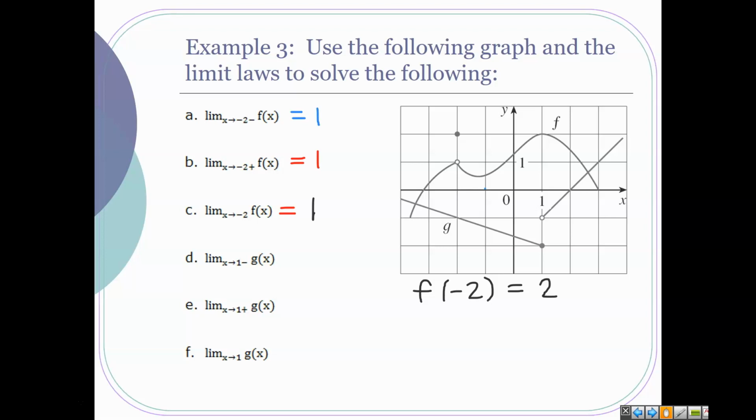Let's talk about g. The limit as x approaches 1 from the left of g of x. So here's 1. Approaching 1 on g from the left puts me at -2.